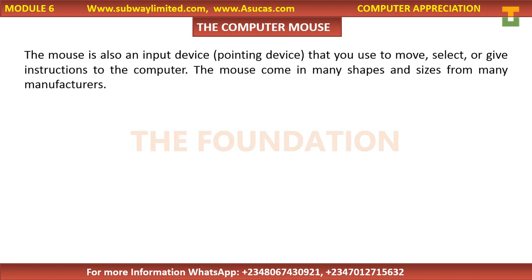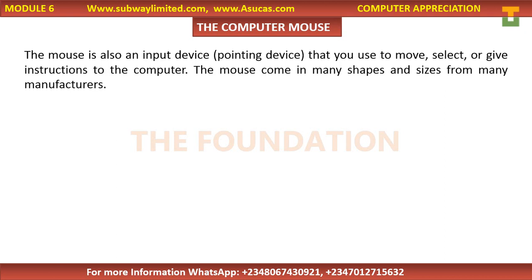Some people call it a pointing device that you can use to move a document, select, or give instructions to the computer. You right click, you left click, everything you can think of. So how do you actually use your computer mouse? We will take a closer look at that.